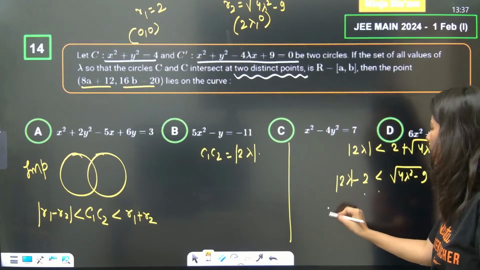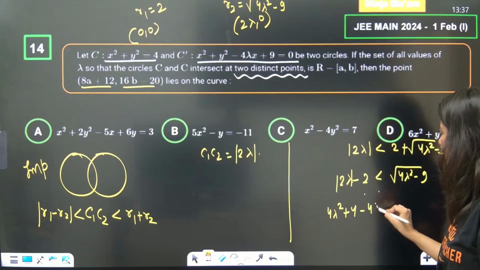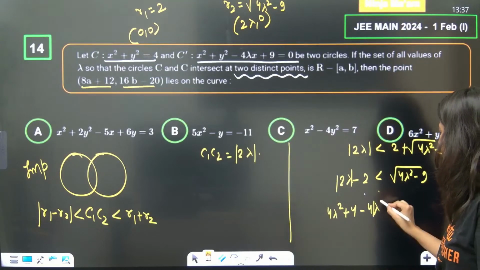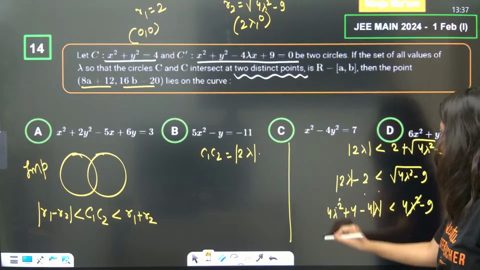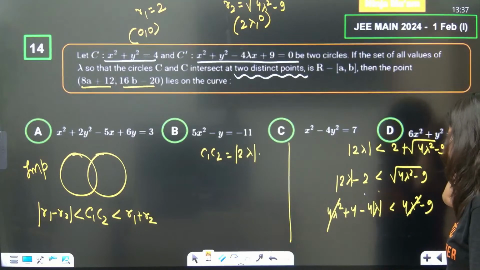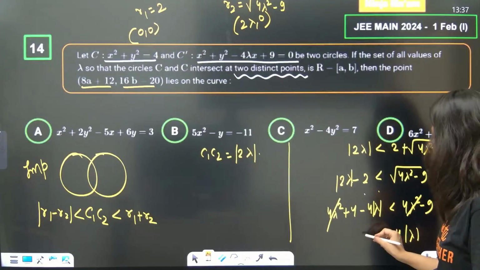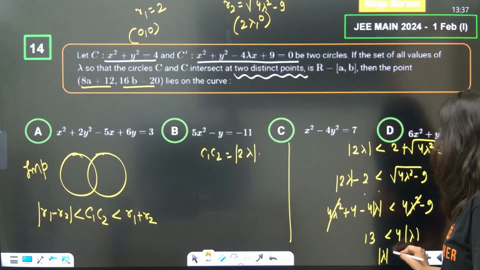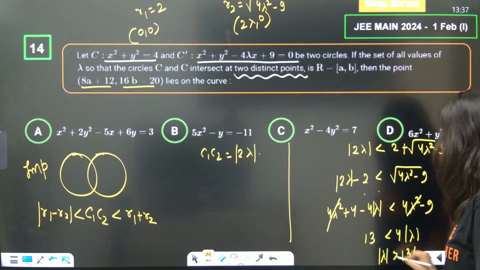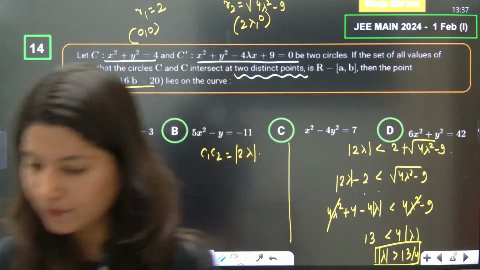Now square it out. 4 lambda square plus 4 minus 8 mod lambda is less than 4 lambda square minus 9. This is gone. Okay, so 8 mod lambda is what? 9 plus 4, 13. So mod lambda is greater than 13 by 8.